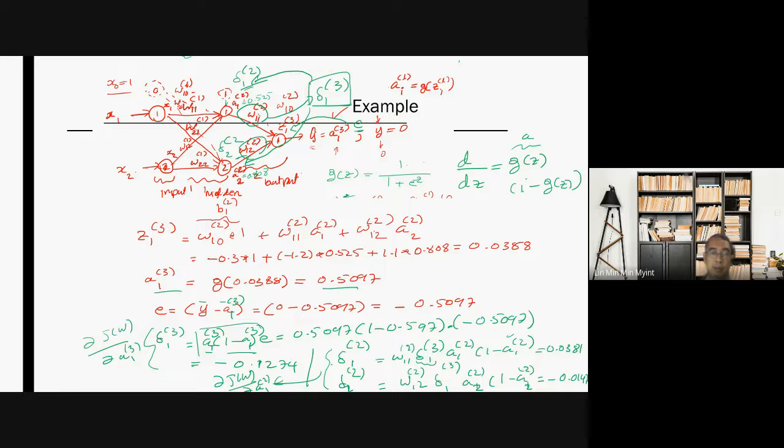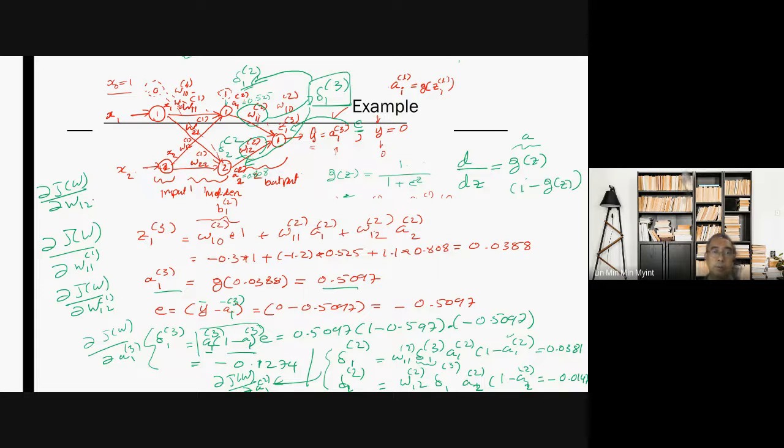And then after that, based on that, actually we don't need to move in here anymore. What we have to do is find the partial derivative of J(W) with respect to W11, 2, so this is from layer 1, and also we have to calculate the partial derivative of J with respect to W12.